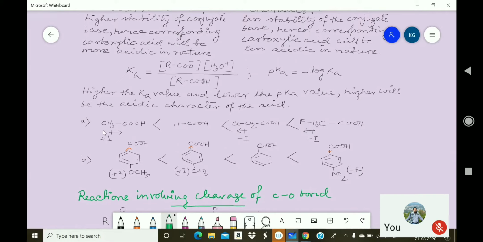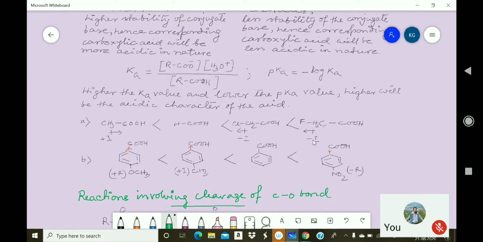Whereas the methyl group here in the acetic acid donates electron to the carbonyl carbon, and therefore the corresponding conjugate base will be less stable. Therefore, this is the order of acidic nature, because the corresponding carboxylate ions will also be more stable.